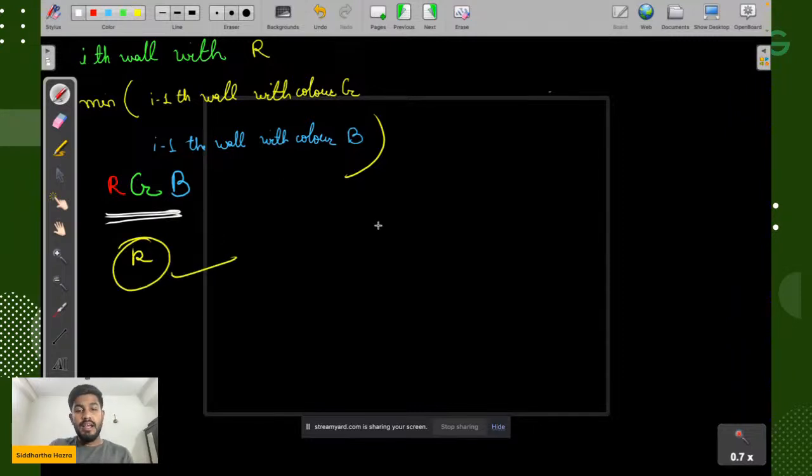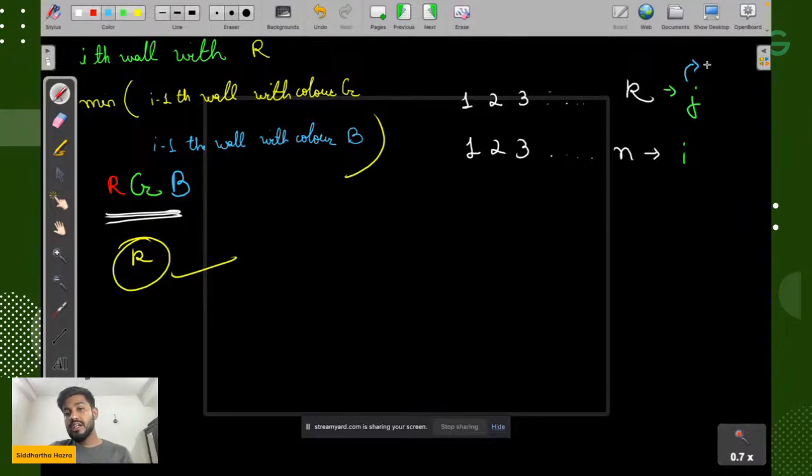So I can say this is 1, 2, 3 dot dot dot K, and I denote it with J. And suppose this is 1, 2, 3 dot dot dot N, and I denote it with I. J is the color, and I is the wall.